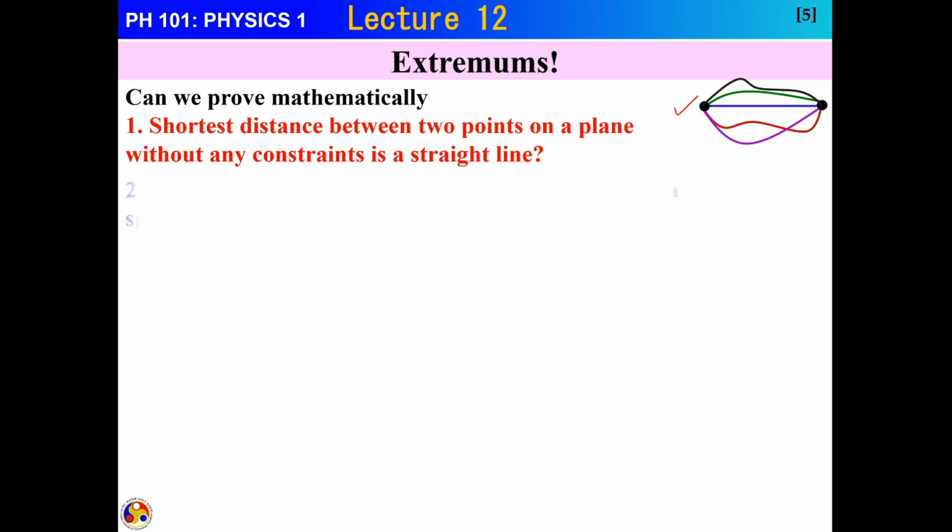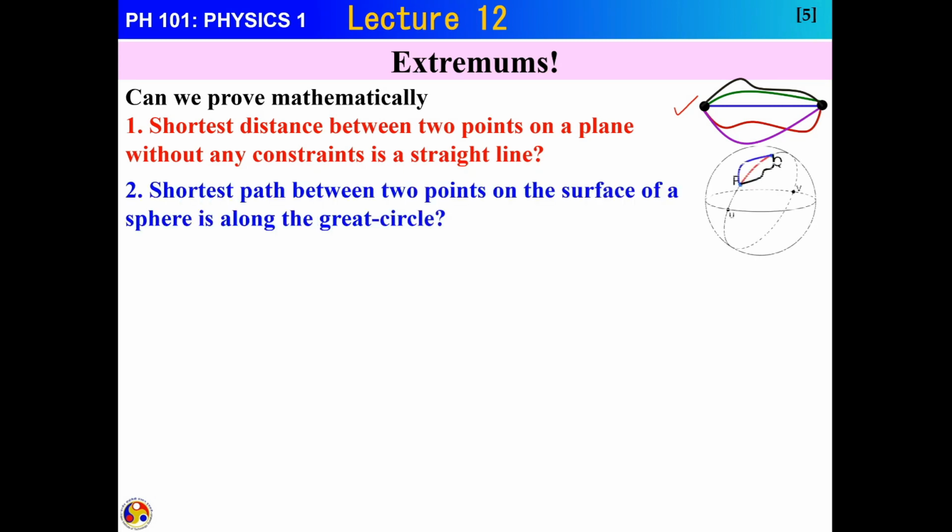Similarly, if I take a sphere, which you see here, the shortest path between two points on the surface, you remember the sphere as an orange. Now I'm just taking two points on a surface and trying to connect them.